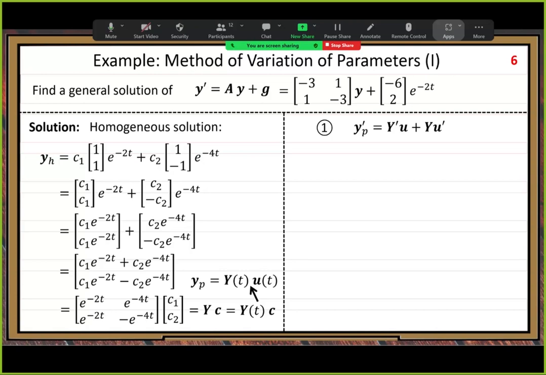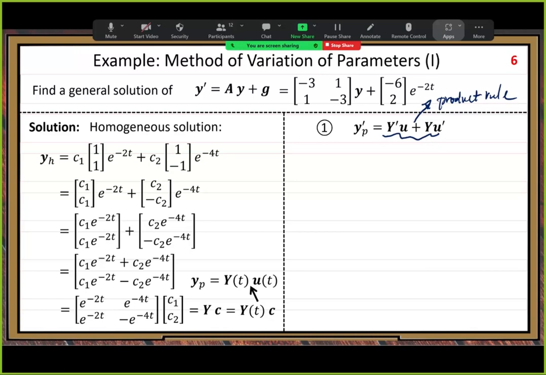So we have the derivative product rule. Here we apply the product rule for the derivative.